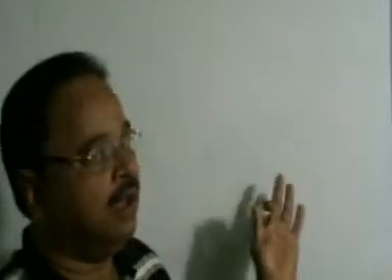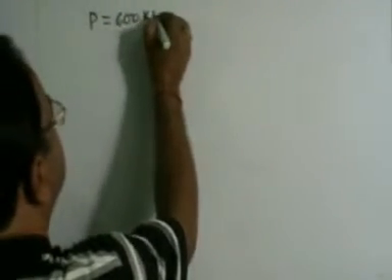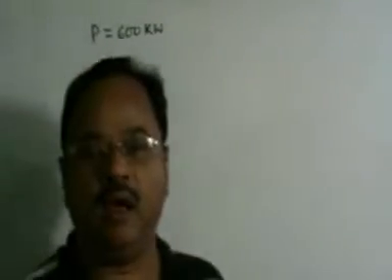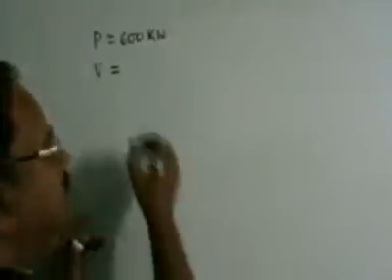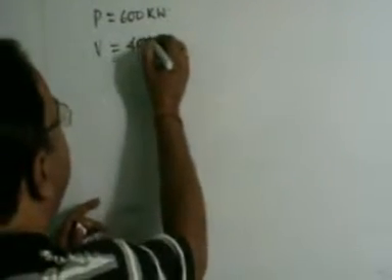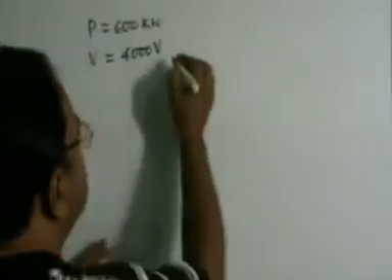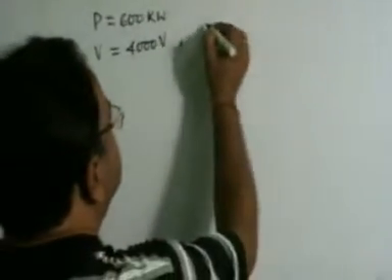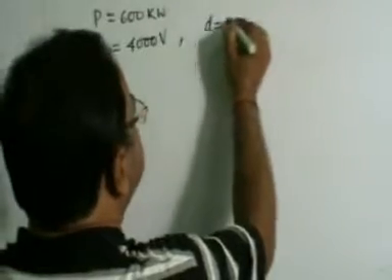In the comprehension, it is given that the power transmitted is 600 kilowatt, and it should be transmitted at a voltage of 4000 volt. Now the transmission distance D is equal to 20 kilometer.